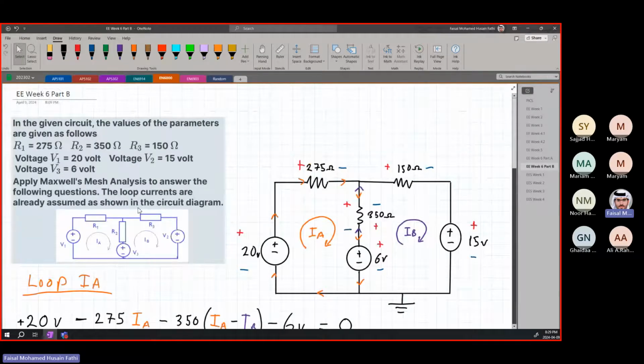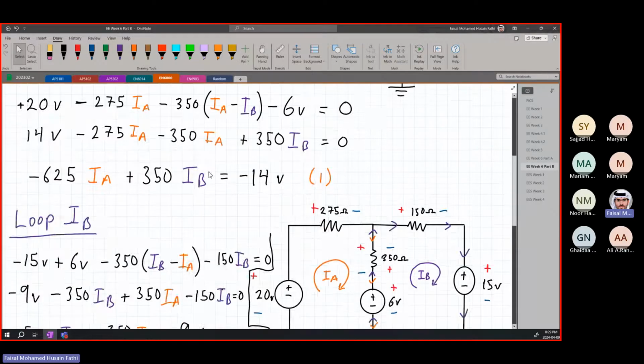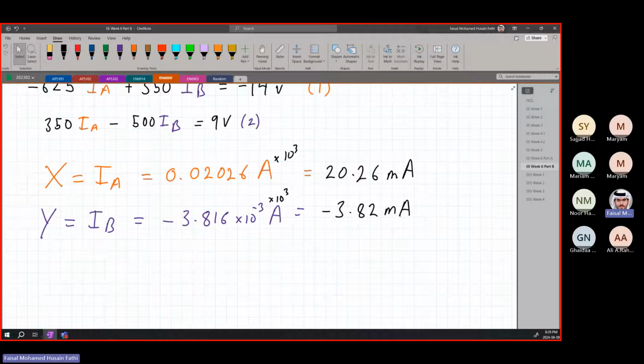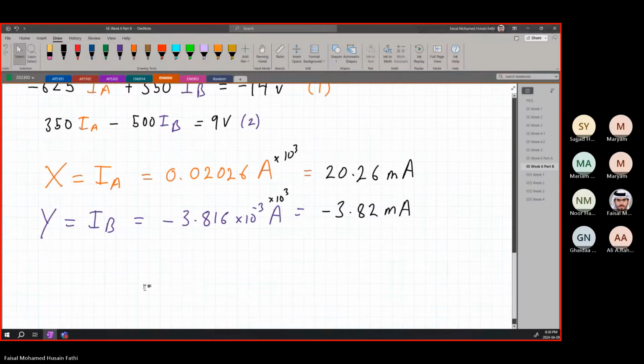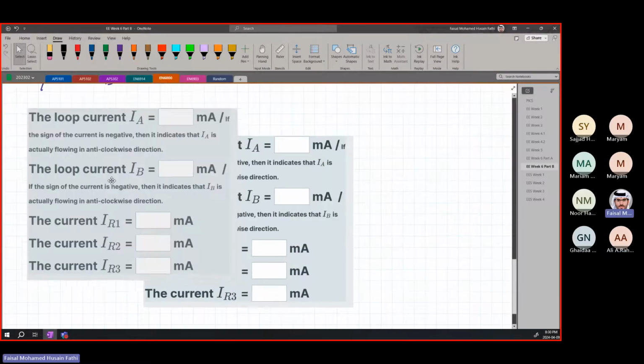The loop currents are already assumed in the direction, so apply the mesh analysis to answer the following questions. Yes, I did not show you the questions last time. Let us look at the questions now so you get an idea of what they wanted us to find. These were the questions they were asking.